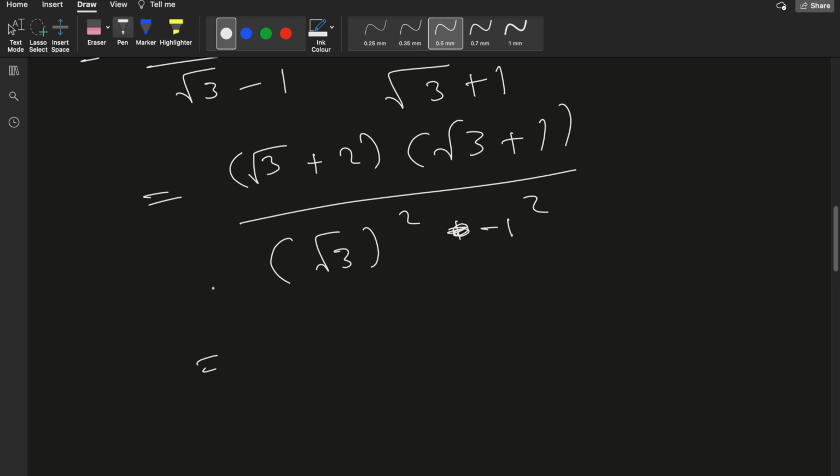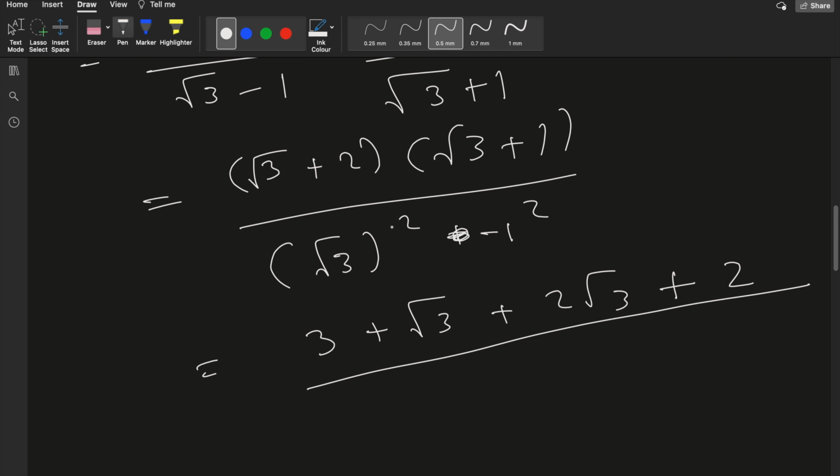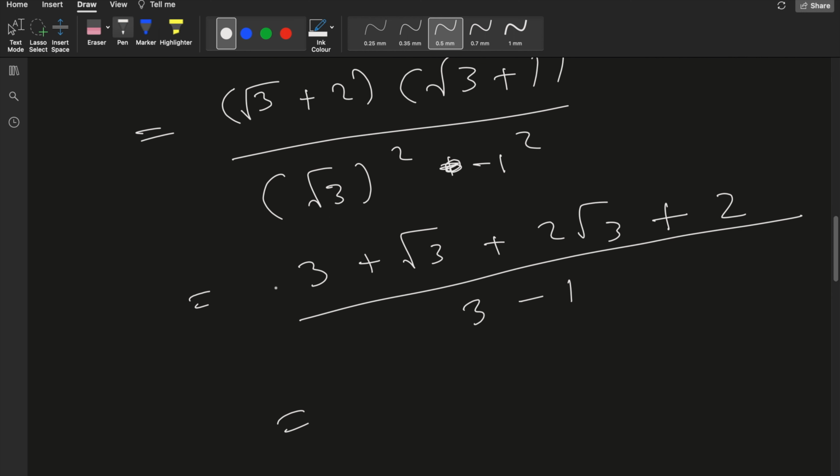This would equal square root of 3 into square root of 3 is 3 plus square root of 3 plus 2 square root of 3, because this multiplied by this, and this by this, that's 2, divided by square root of 3 whole squared would be 3 minus 1. We could add like terms, so that would be 5 plus 3 square root of 3 divided by 2.